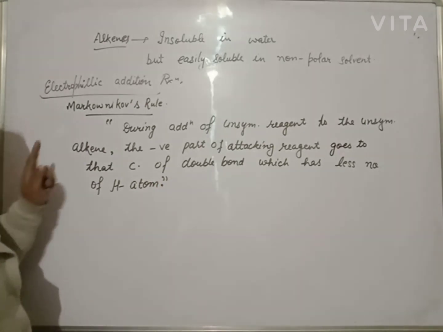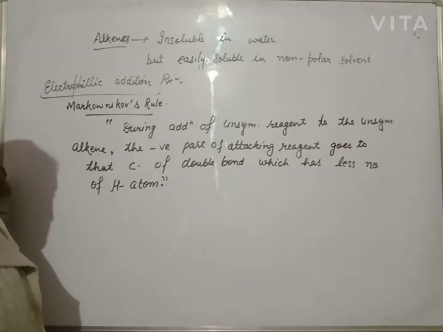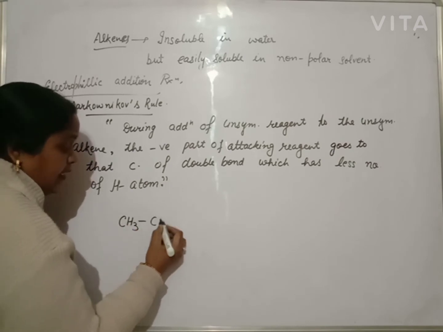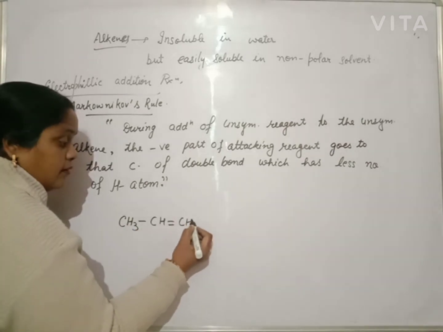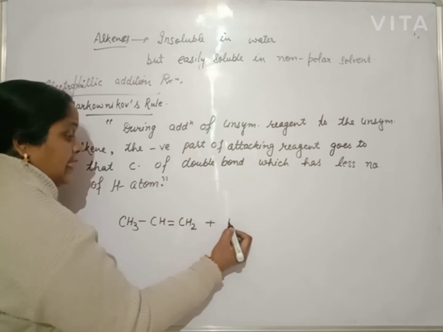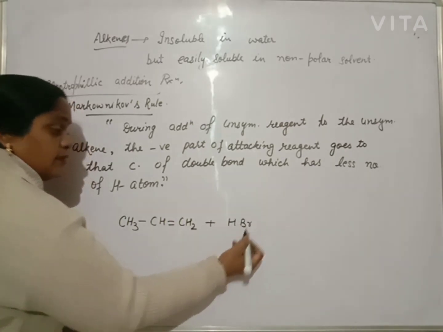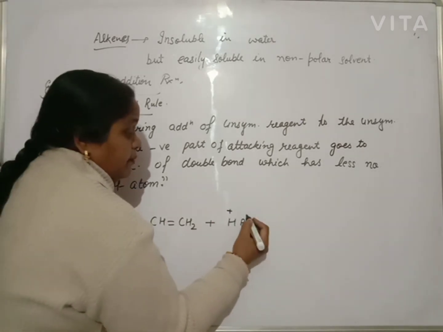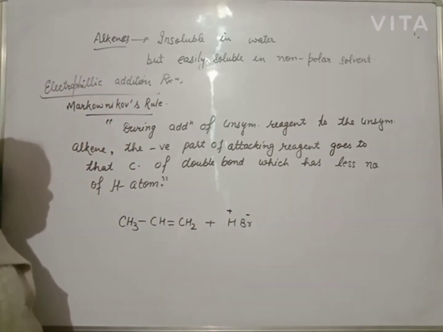Beta, this statement will be clear by taking an example. We have unsymmetrical alkene just like propene, and we must add HBr. Unsymmetrical reagent: hydrogen is the positive part, Br is the negative part.